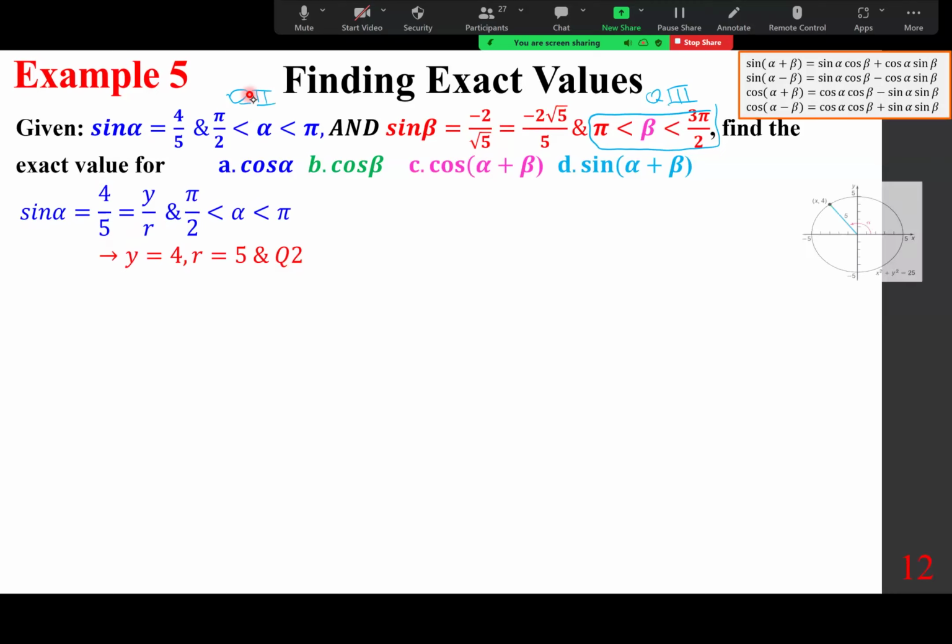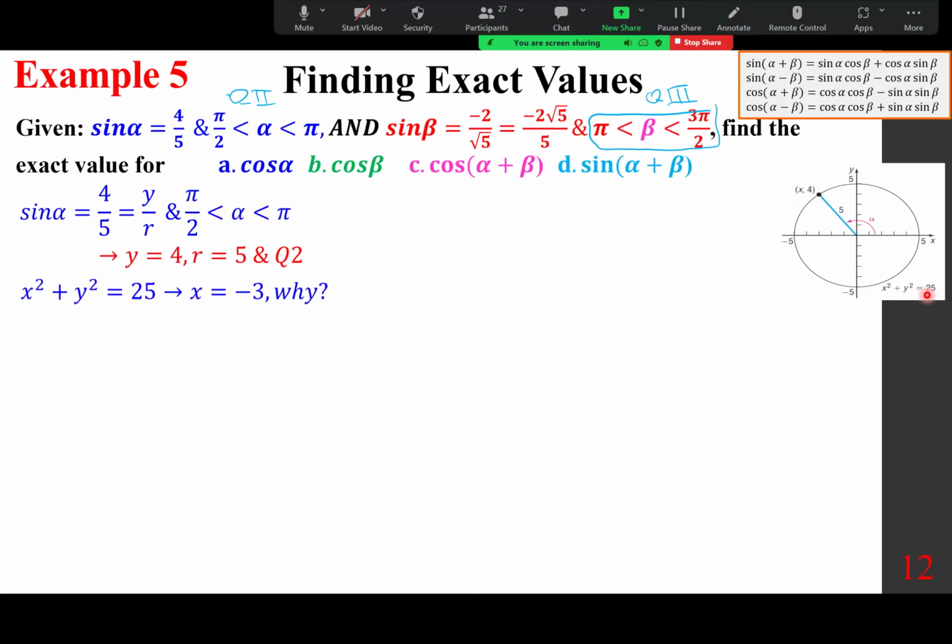So x squared plus y squared is 25. So this has coordinates x comma 4. And the fact is it's quadrant 2, so clearly x must be negative. If you plug in, you get x squared equals 9 and x equals minus 3. I'm assuming we can do this.